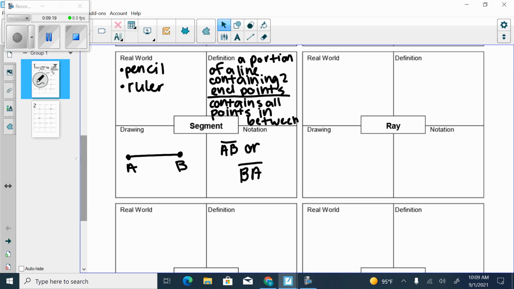Okay, next one is a ray. A ray is going to be a portion of a line, kind of like a line segment. But a ray is only going to have one endpoint.